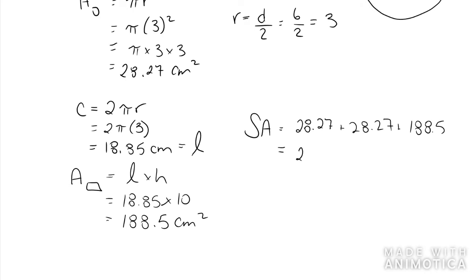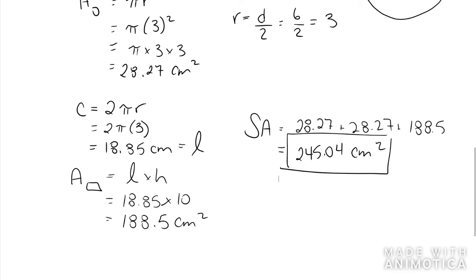So that gives me 245.04 centimeters squared. So like I said, this is quite a bit more of a process than what we've been doing for our previous ones. So let's try another one.